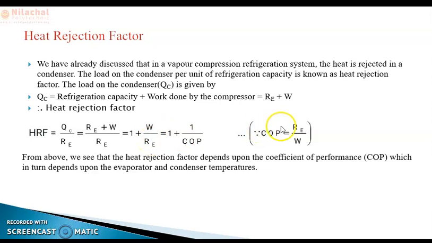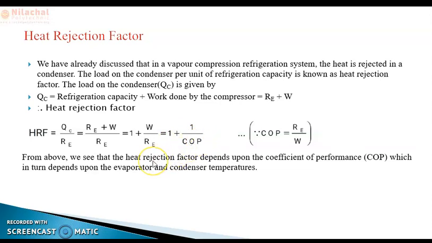We know that COP is equal to refrigeration effect by work done. Then W by RE is 1 by COP, so we can write 1 plus 1 by COP. So the heat rejection factor is equal to 1 plus 1 by COP.